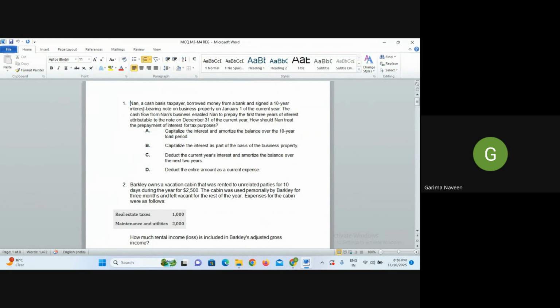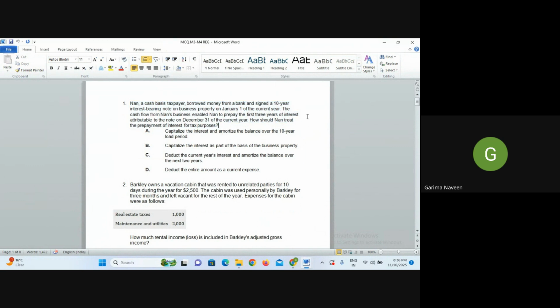First question is: Nan, a cash basis taxpayer, borrowed money from a bank and signed a 10-year interest bearing note on business property. On January 1 of the current year, the cash flow from Nan's business enabled Nan to prepay the first 3 years of interest attributable to the note on December 31 of the current year. Means you have prepaid interest. How should Nan treat the prepayment of interest for tax purposes?